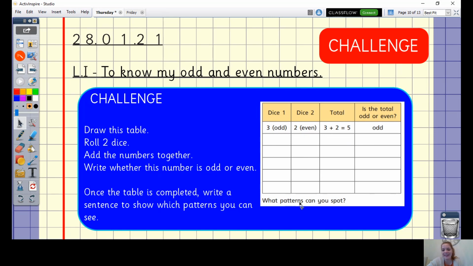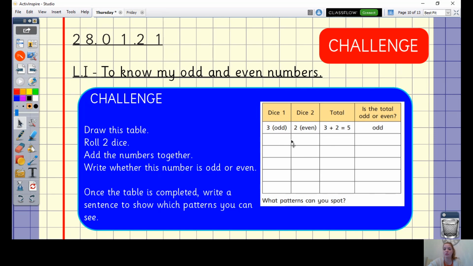I want you to see again if there are any patterns you can spot. And I want you to write down the patterns you see. Now, are all of the totals that you found odd? Were some of them odd, were some of them even? What did you notice about the totals that were odd, the totals that were even? Was it always an odd plus an even equals an odd?